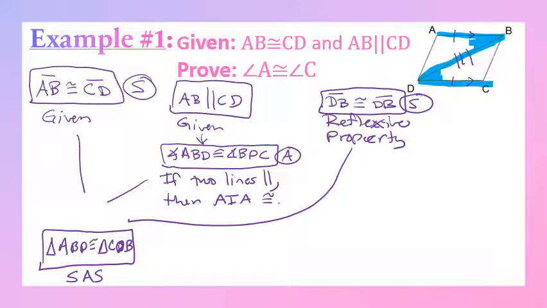Now, if you look at what we're actually trying to prove, we're trying to prove that angle A is congruent to C. So now that I have proven my two triangles are congruent, I know that all their parts are congruent. So now I can write one additional step. I just ran out of room, so I'm going to write mine next to it. My last step will always, always, always match whatever I have in my original problem.